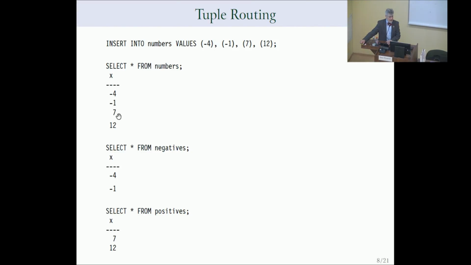They appear to all be in the numbers table, but in fact, they are physically in the negatives table and the positives table. Now, of course, this is a very silly example, but you get the idea of how you would set this up.